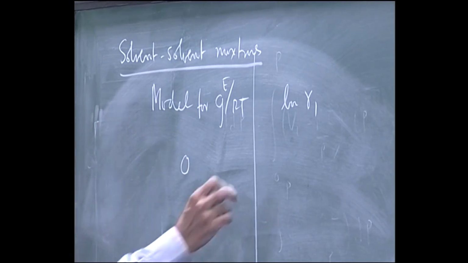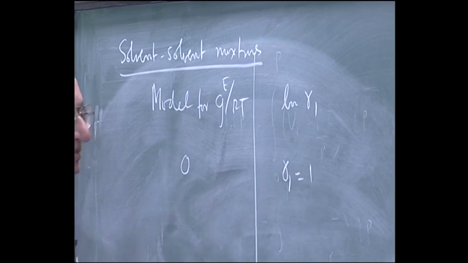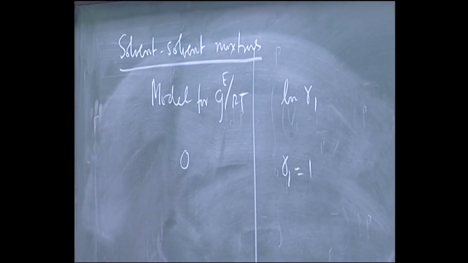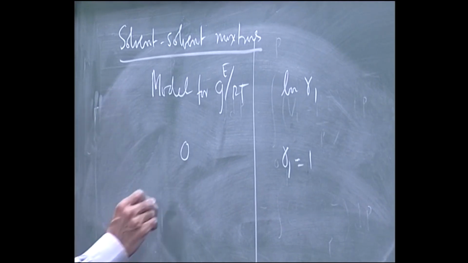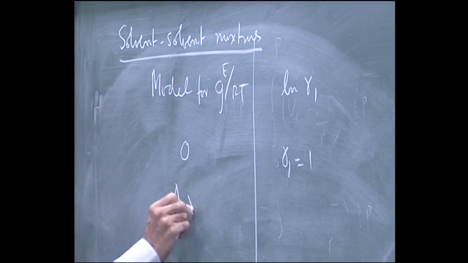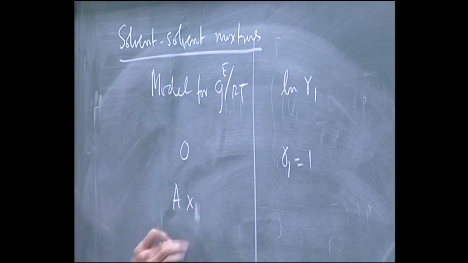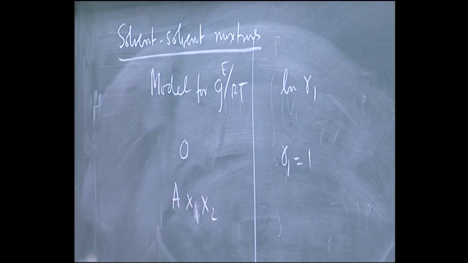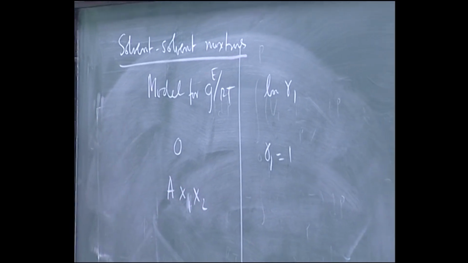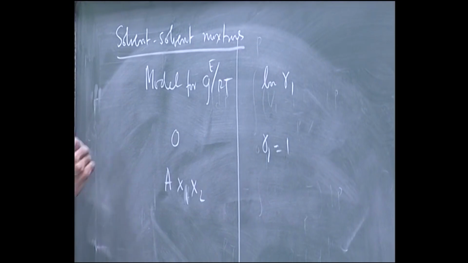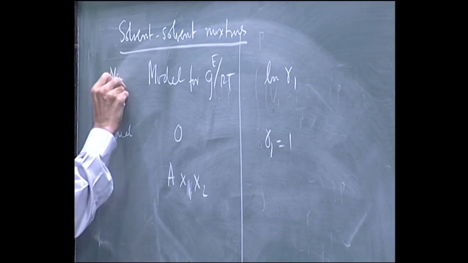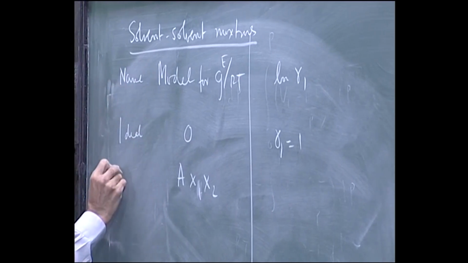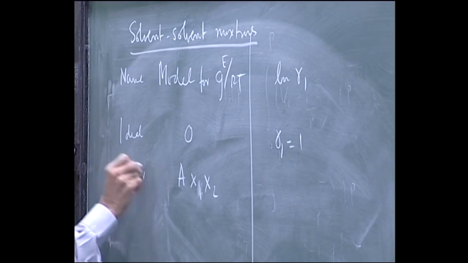Gxs can be 0, this is ideal solution, gamma 1 equal to 1. Or Gxs can be A x1 x2, Gxs by RT, this is called, we will give a name for the model, Porter's equation.